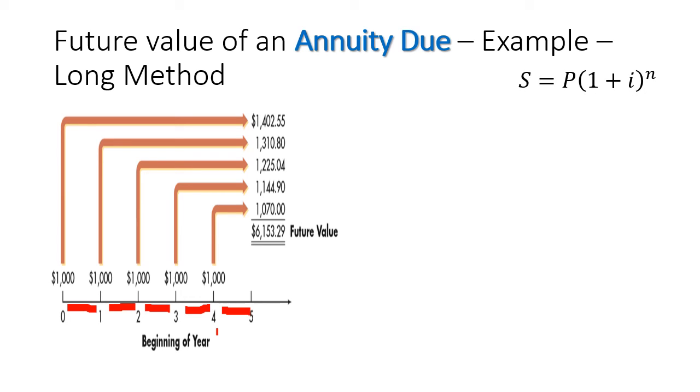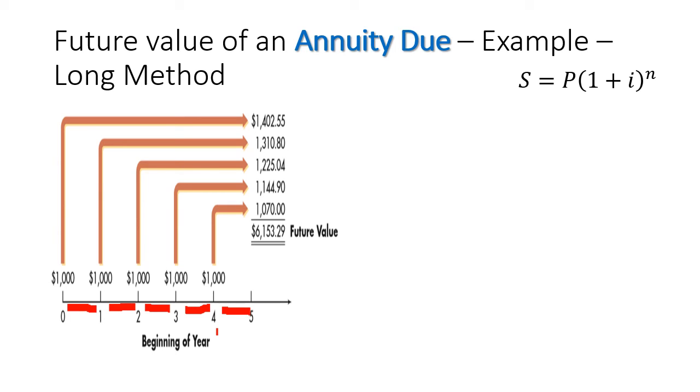So by applying the accumulated value of a single amount, we find the accumulated value of the first 1,000 to be 1,402, the second 1,000 will be 1,310, and so on.